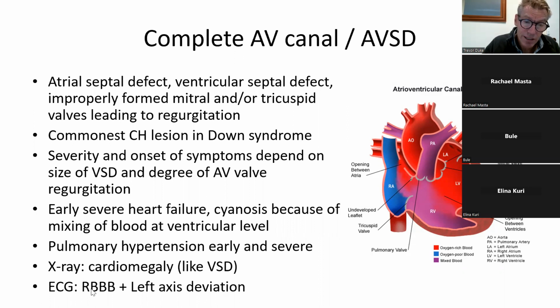And just like with an ASD, they'll often have a right bundle branch block, and they may have a left axis deviation. Don't need to worry about that too much, but just know that the child who presents very early that looks like he or she's got a VSD might just have an atrioventricular septal defect with both an ASD and a VSD.